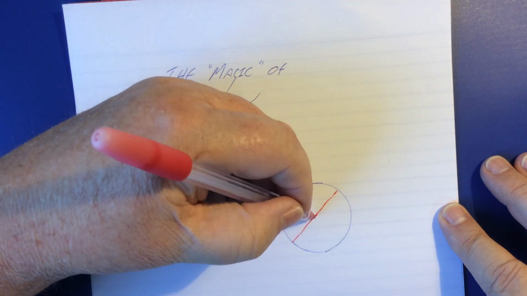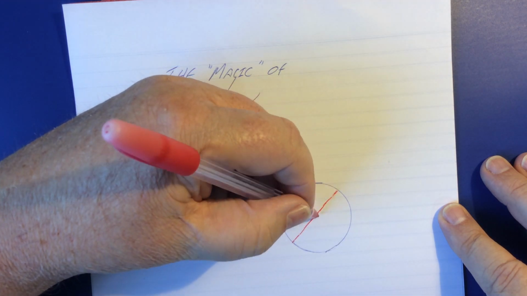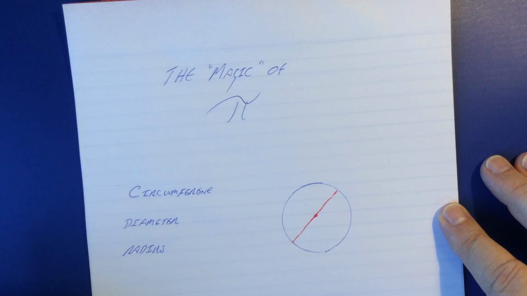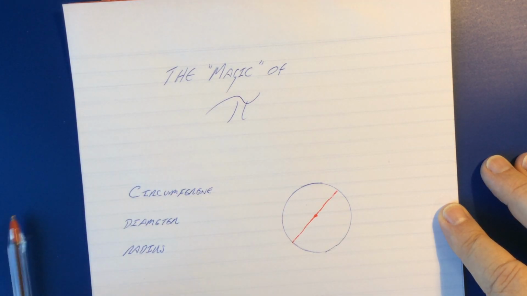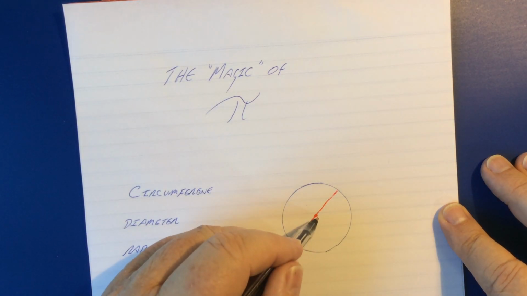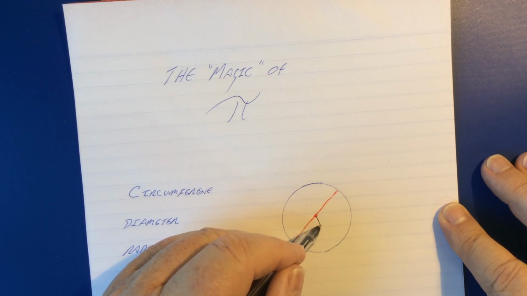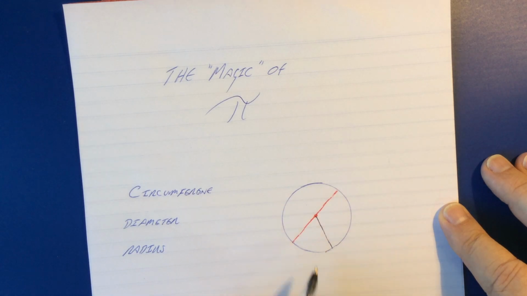So this is the diameter of this circle. It passes through the midpoint of the circle from one side to the other. A radius, just for the sake of completeness, we don't need to discuss that today, is a line that runs from the center of the circle to the outside of the circle. So this red line's a diameter, the black line is a radius.